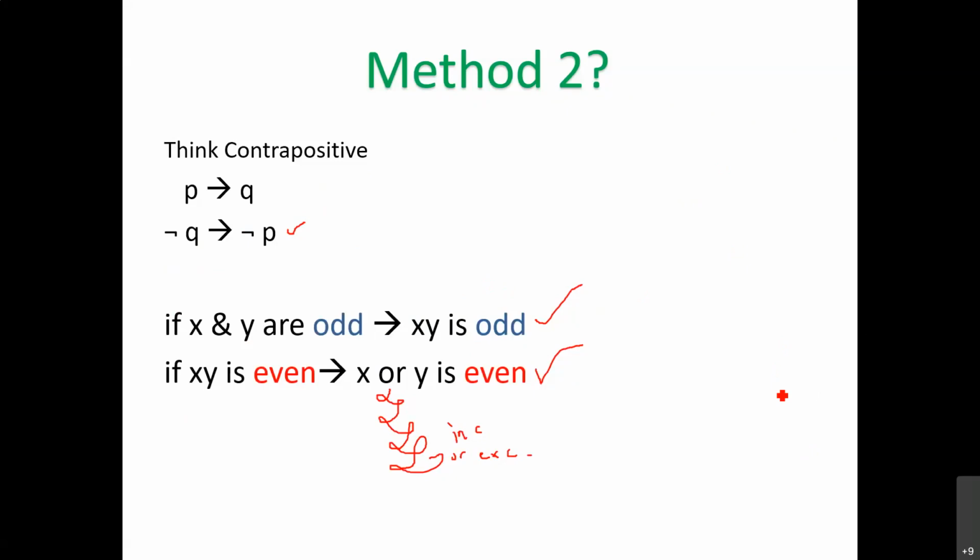Like if I say x or y is even, does that mean only one of them can be even or they both can be even? They both can be, yeah. Both of them can be even, which is why it's inclusive. It would have been exclusive if x can be even but not y, or vice versa. But it's fine: when you multiply two evens, they're going to be even. Good.